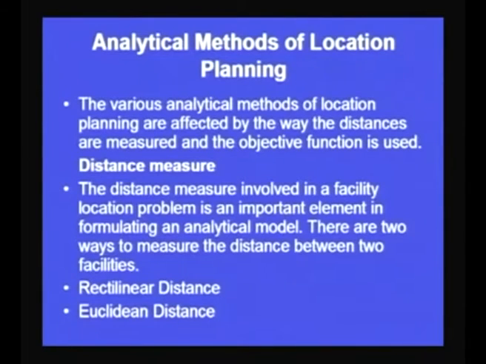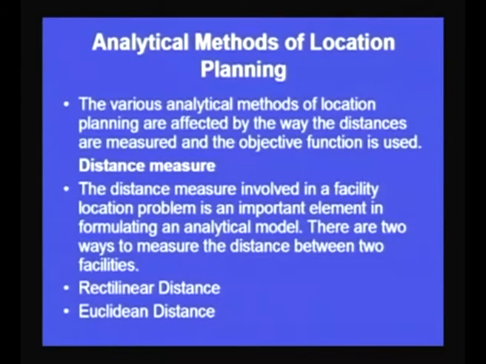The objective function can be profit maximization or cost minimization, or it can be the distance minimization or the transportation cost minimization or the optimization of the distance and the transportation cost. So different objective functions can be there. But all these will depend upon the way the distances have been measured.